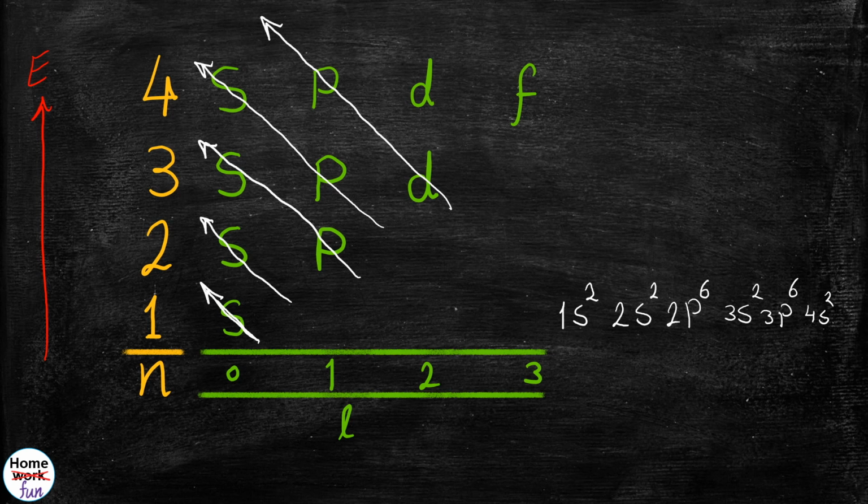So next will be 3d, 10. And next will be 4p, 6. And next will be 5s, 2. Before you do 4d10. So this is now from lowest energy to highest, and we call this a German name, Aufbau.